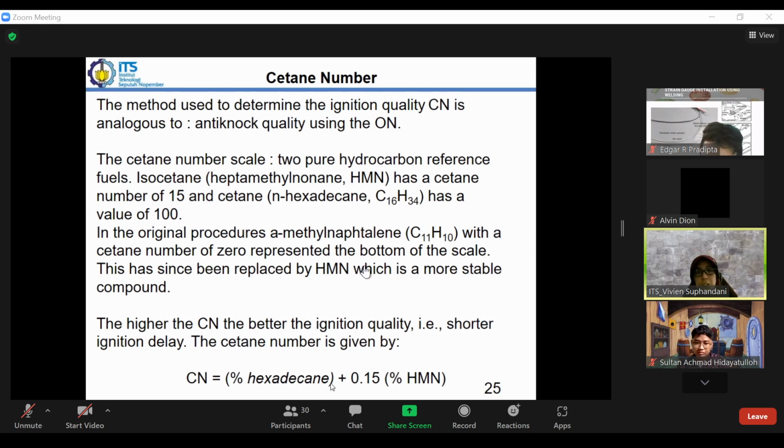Basically the cetane number will be calculated as the percent of hexadecane plus about 0.15 of the percentage of heptamethylnonane. The original reference was the other compound, and this is replaced with HMN, which is a more stable compound.